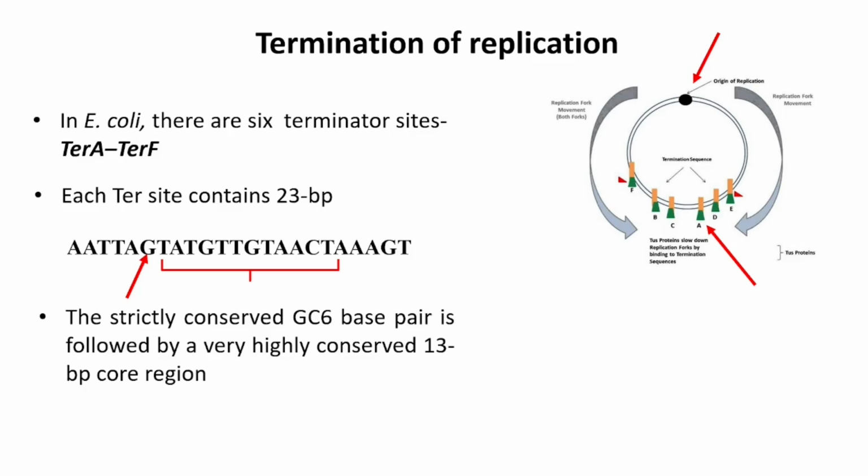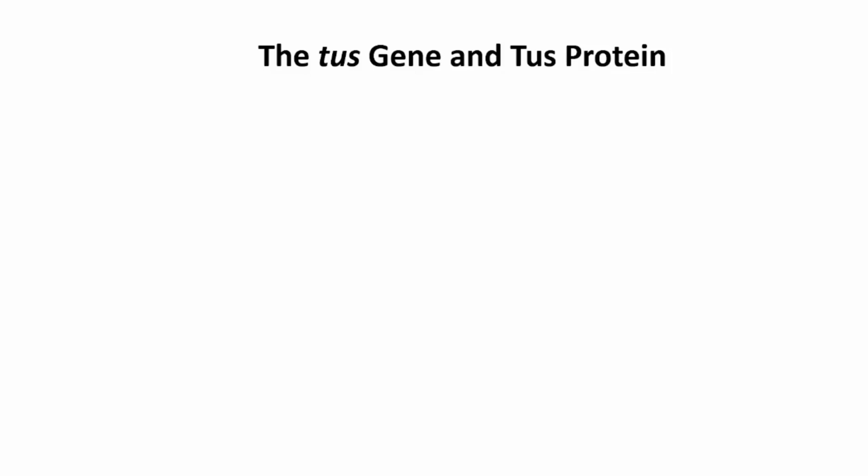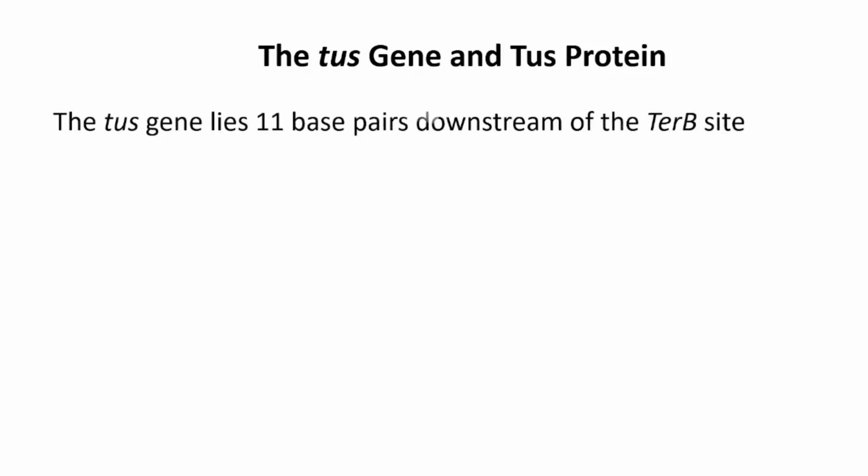We saw that the initiation of replication along with the origin of replication, the initiator proteins, DnaA proteins, are also required to recognize the oriC. Likewise, it was thought that mere presence of ter sites would probably not be enough for termination. Probably some proteins are also involved. This led to the discovery of TUS proteins. TUS stands for termination utilization substances. The TUS gene lies 11 base pairs downstream of the ter B site.